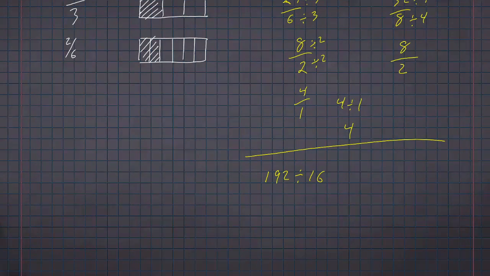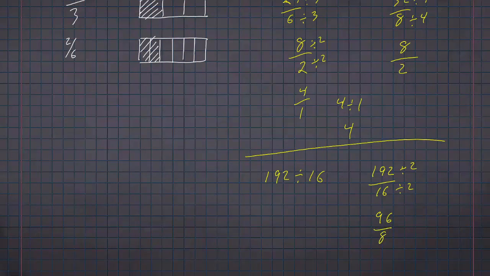As a trick of mental math, when I'm presented with something like this, I rewrite it as a fraction, 192 over 16. I recognize that the numerator and denominator are both even. And when you have even numbers, you can divide by 2. Dividing by 2 is a lot easier than dividing by 16.